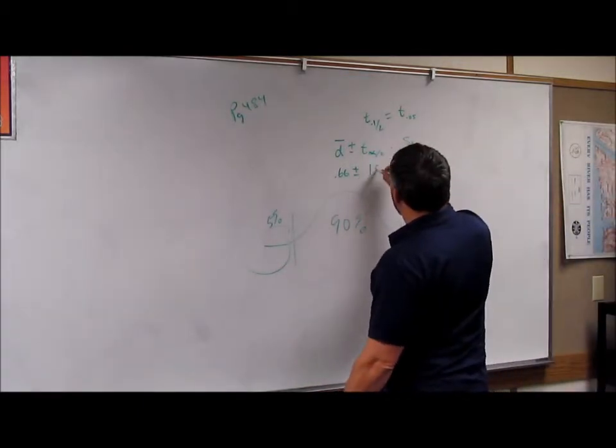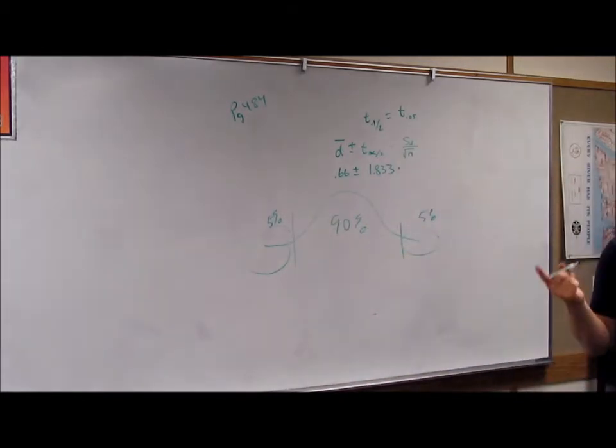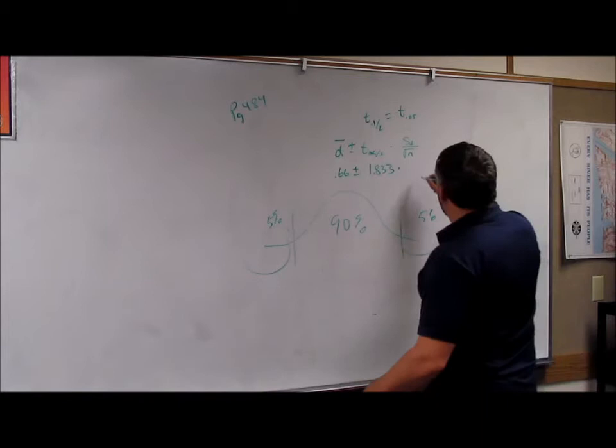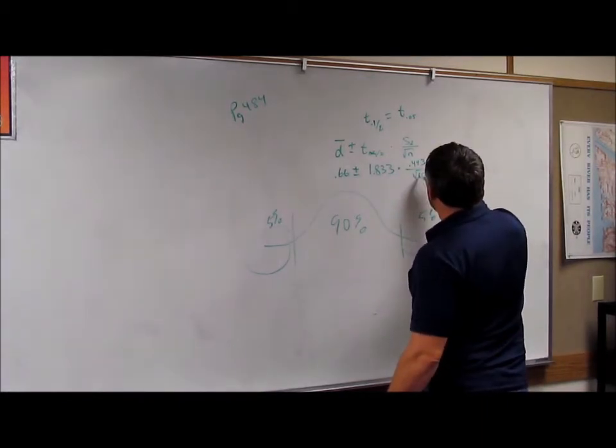So you get 1.833 times the standard deviation, which we had already found to be 0.443, sorry, 0.443 divided by the square root of 10.